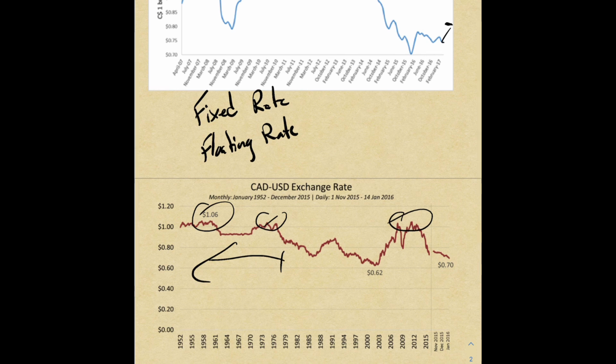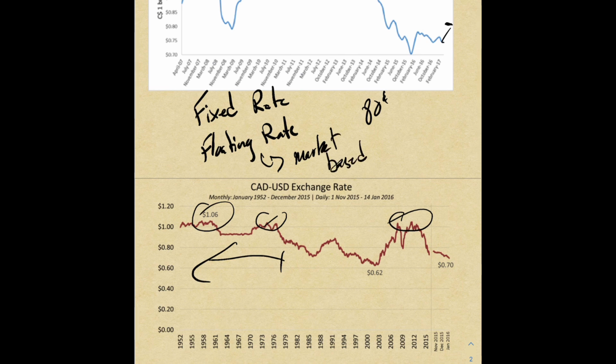So if they chose a fixed rate of 80 cents US as the exchange, they would then do monetary policy, basically market manipulation, to keep the money around 80 cents. Otherwise, you'd get problems with inflation and things like that. The floating rate, which is what we're on, is strictly market-based.